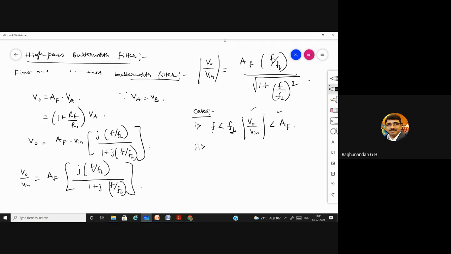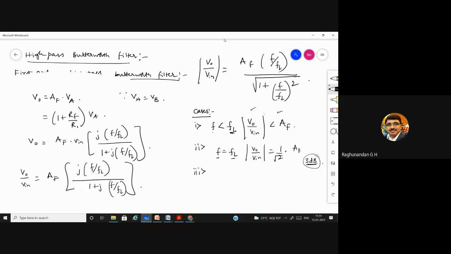Then if F is equal to FL, where this is the input frequency and this is the cutoff frequency, then Vo by Vin will be equal to 1 by root 2 times AF. This is the 3 dB gain, as we call it.